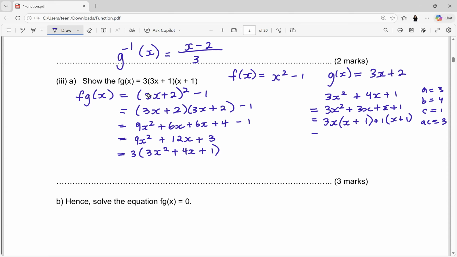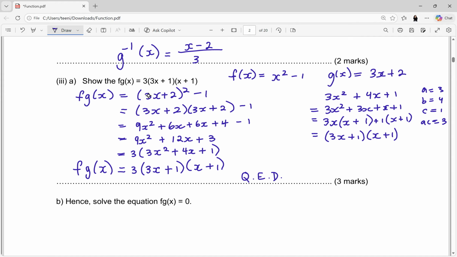And therefore, the final factors of the quadratic 3x squared plus 4x plus 1 will be 3x plus 1 by x plus 1. And there you have it. So now I can write this over as 3 on the outside and 3x squared plus 4x plus 1 as a product of its factors, 3x plus 1 by x plus 1. And there I have shown that f of g of x is equal to 3 by 3x plus 1 by x plus 1. QED.